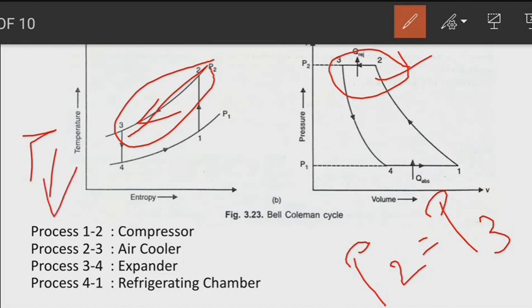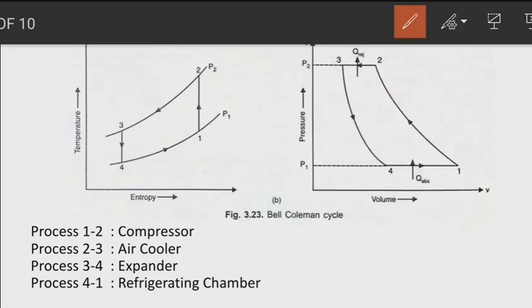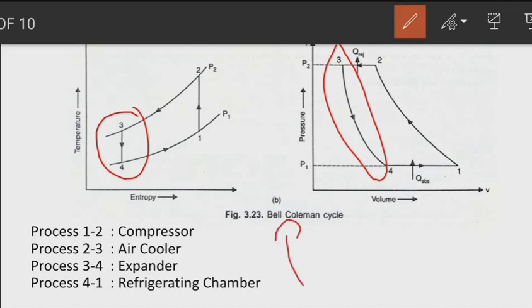Now the third stage is 3 to 4. You can see in both diagrams that the air is at high pressure P3, which is equal to the pressure P2, with a moderate temperature T3. It is taken into the expansion cylinder and expands isentropically, lowering the pressure from P3 to P4, which becomes P1.